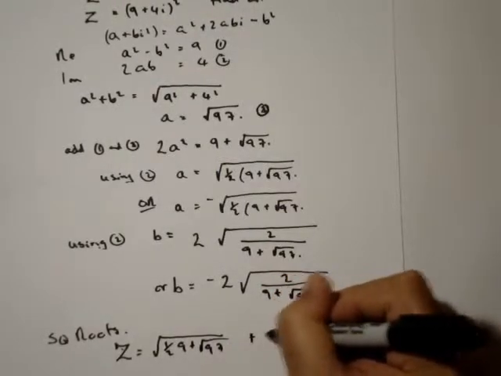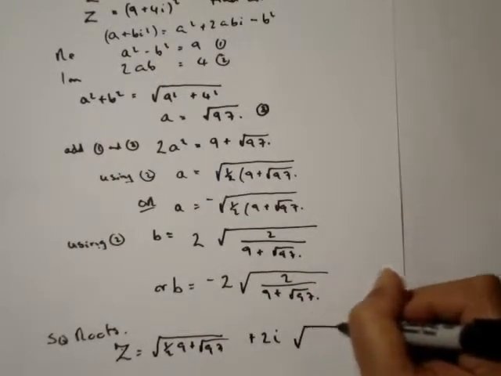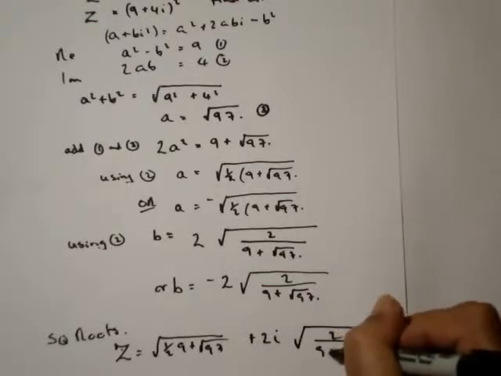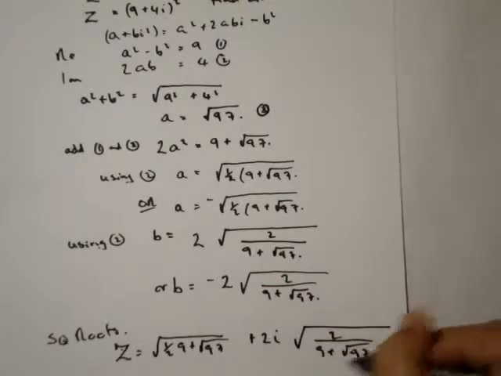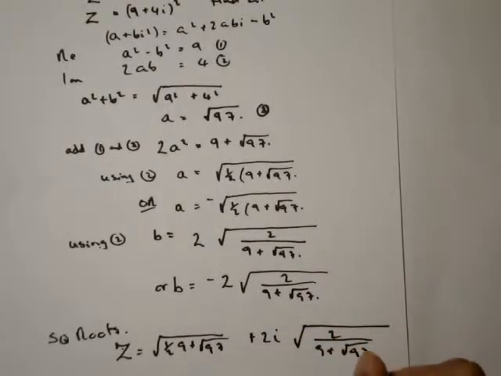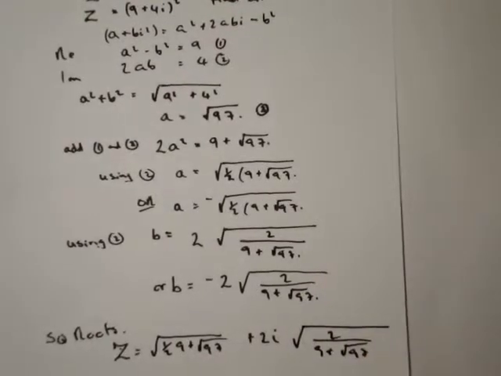This would be plus 2i, and then our 2 over 9 plus the square root of 97, and this would be minus 2i, 2 over 9 plus the square root of 97.